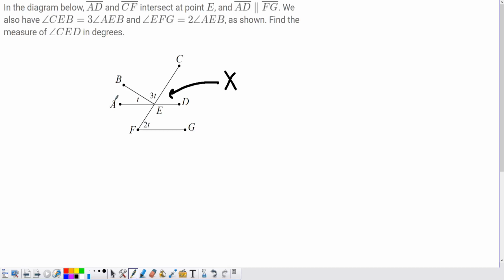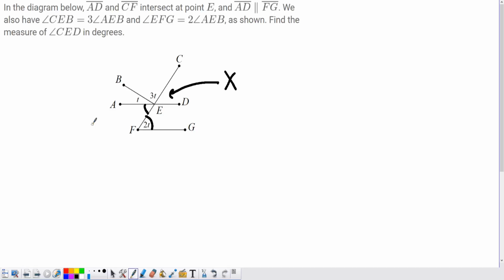What could that be? Well, AD, FG, parallel, which means that alternate interior angles are the same. Those two angles must be the same.